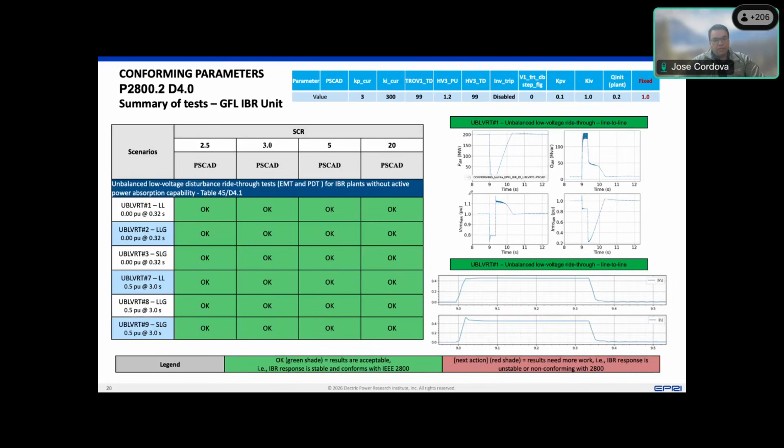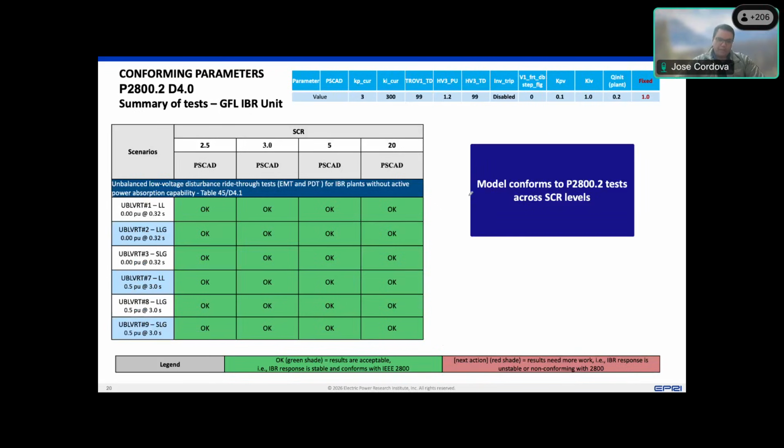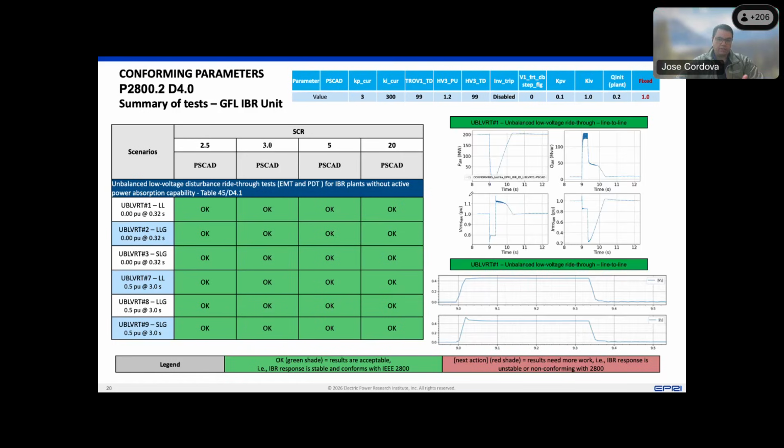In the case of the unbalanced faults as well, we see that the model conforms with the test across different SCR levels. It is worth noting that obviously we're just showing this one for the EMT model in PSCAD, where we see the unbalanced low voltage ride-through of the IBR.